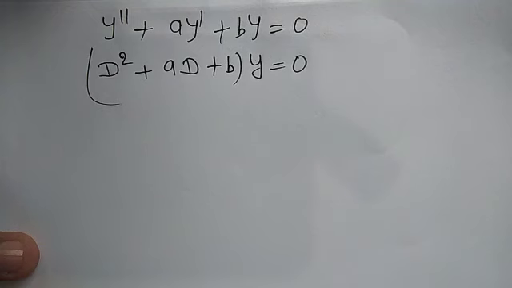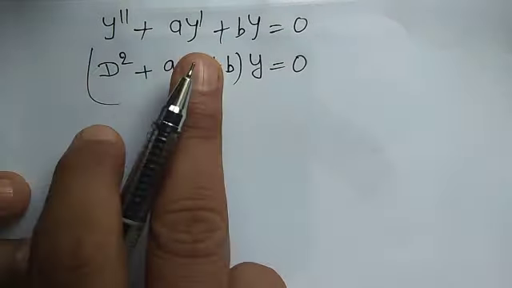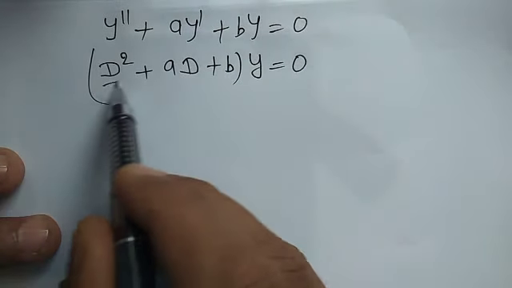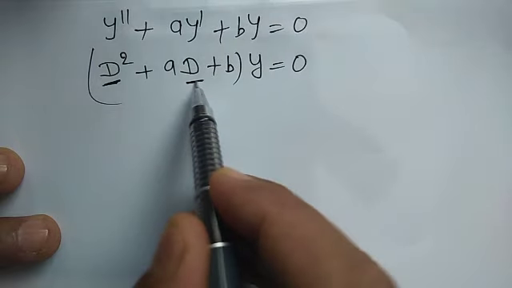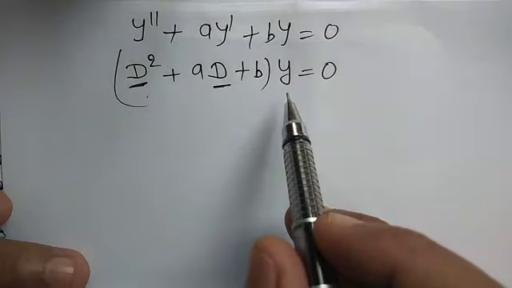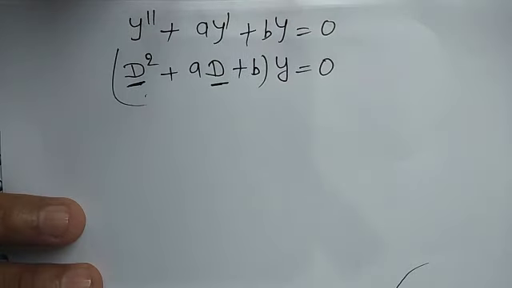Just now we have seen the auxiliary equation. The working procedure, how to find the auxiliary equation: y double dash plus a y dash plus b y equal to 0. This is the second derivative operator, this is the first derivative operator. So we can write the same equation as (D square plus aD plus b) y equal to 0.